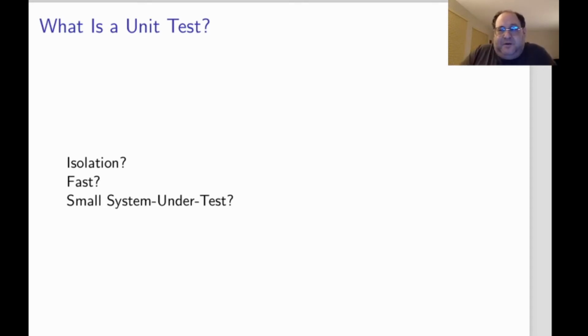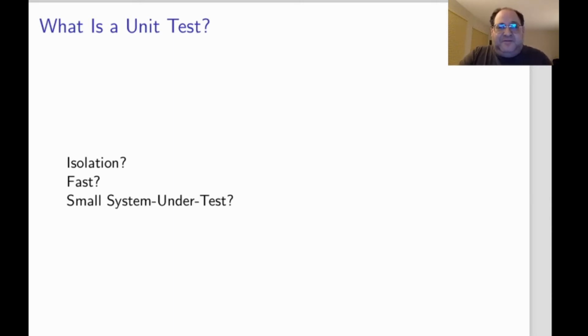There's a small part of the code that actually has to function correctly for the test to pass. And often that is the least useful feature of unit tests, so some people care a lot about it. I'm going to talk about how to write unit tests better, and these are the things that make unit tests unit tests. But hopefully we all have them and we all want them to pass.